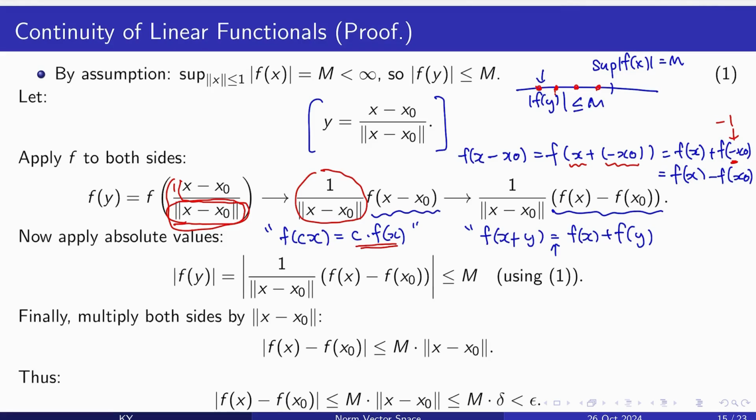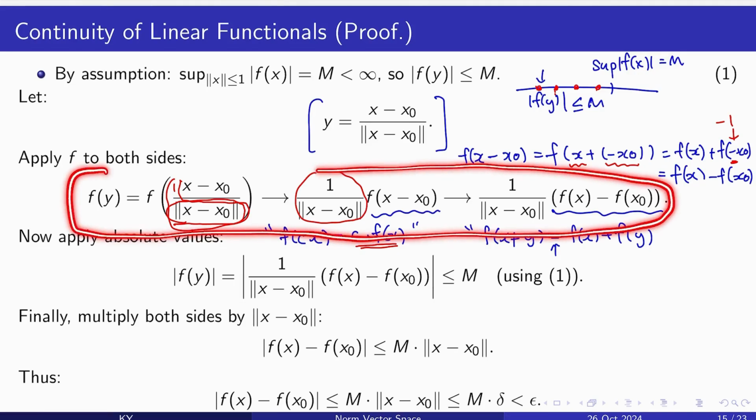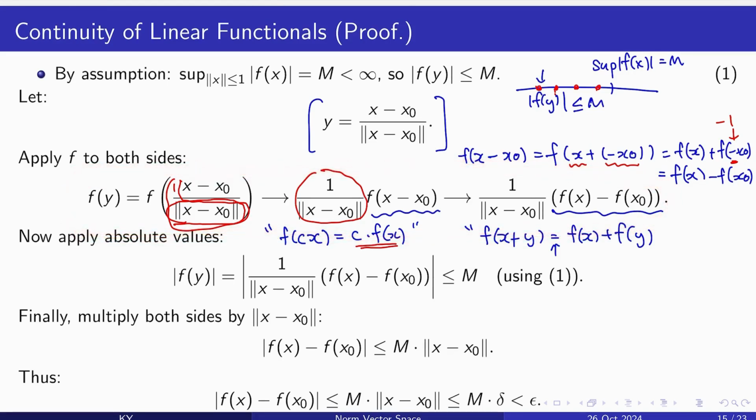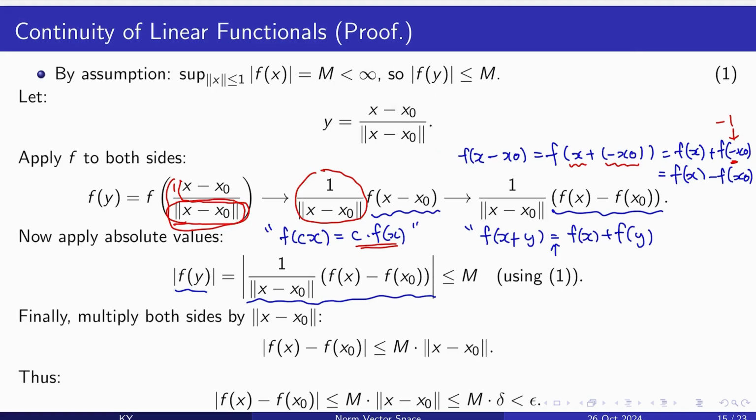Then you apply your absolute value to the whole thing right here. So you apply the absolute value on both sides, and let me just erase some stuff so as not to confuse you.